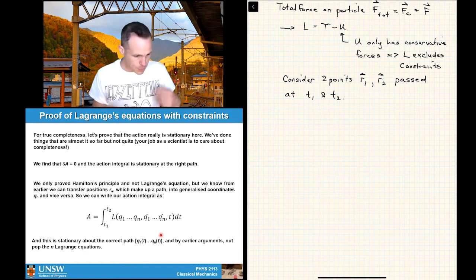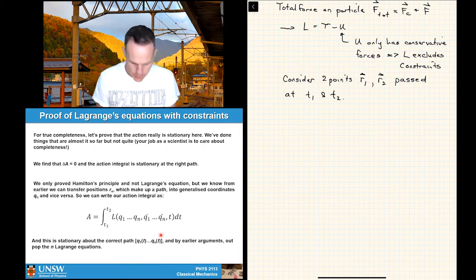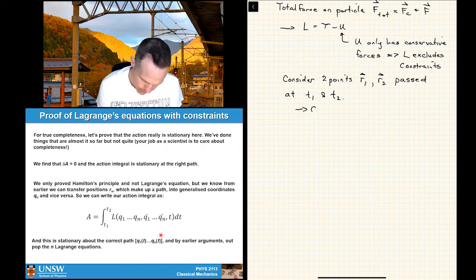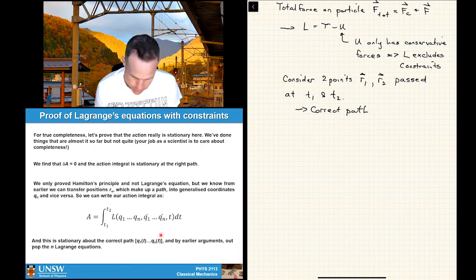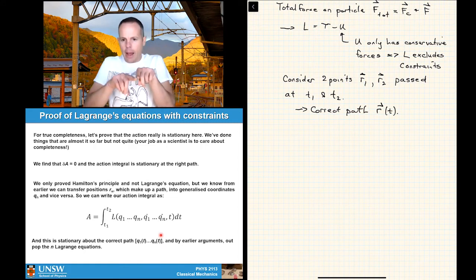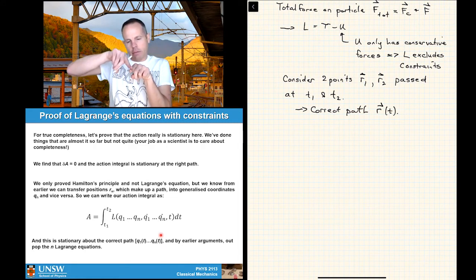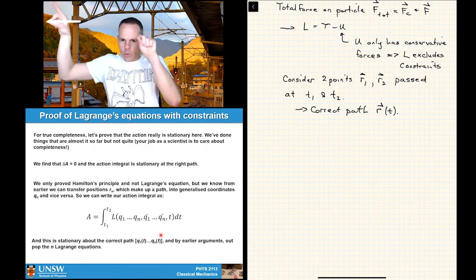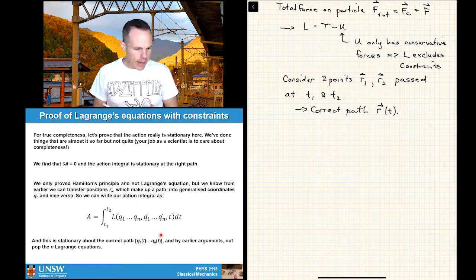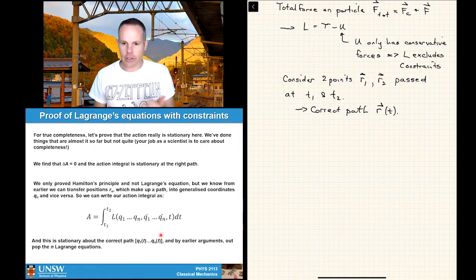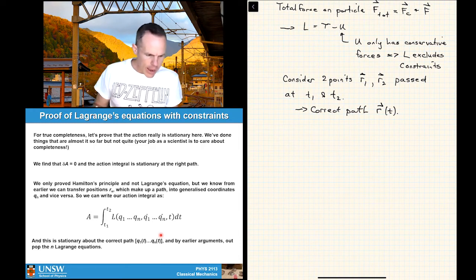And what we're going to do is call our correct path R of T, and it's a vector too. Actually, it's an accumulation, an integral of a whole pile of little vectors that represent the positions all the way along that correct path. You're kind of used to this concept because we've done it for a couple of lectures now. All we're doing is specifying a path, and we can also specify a wrong path in here.